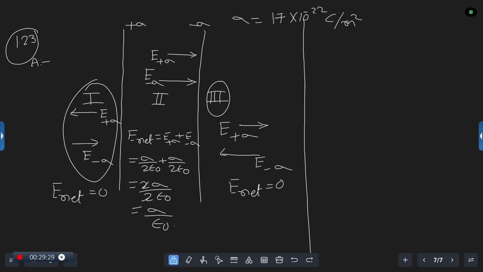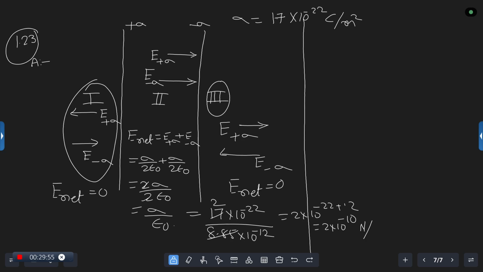Sigma value, what is given? Sigma equals 17 into 10 power minus 22 by epsilon naught 8.85 into 10 power minus 12, approximately 2. So 2 into 10 power minus 22 plus 12 equals 2 into 10 power minus 10 Newton per coulomb. Electric field in Newton per coulomb.